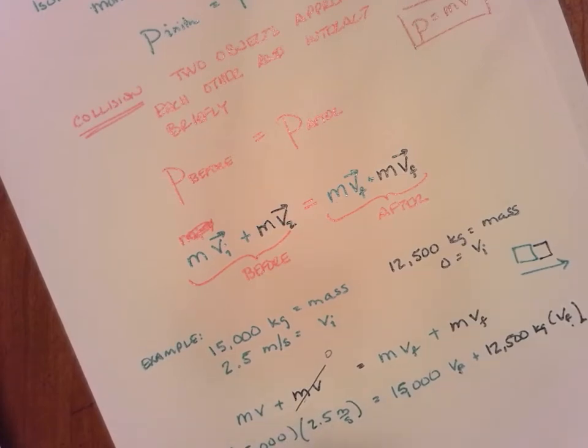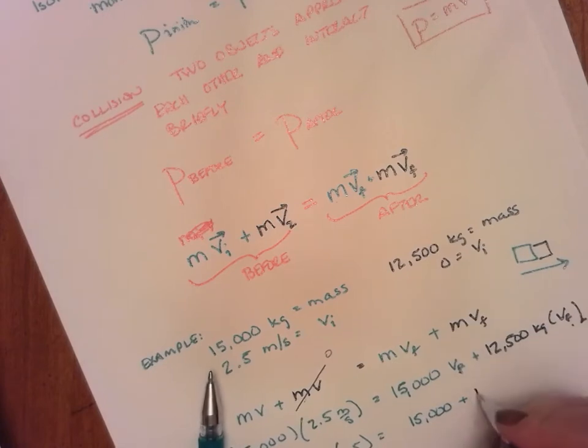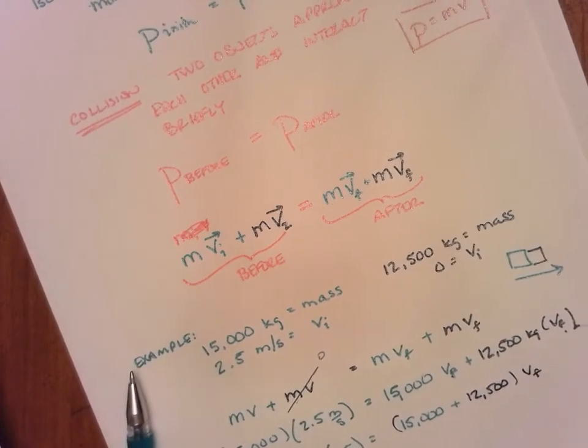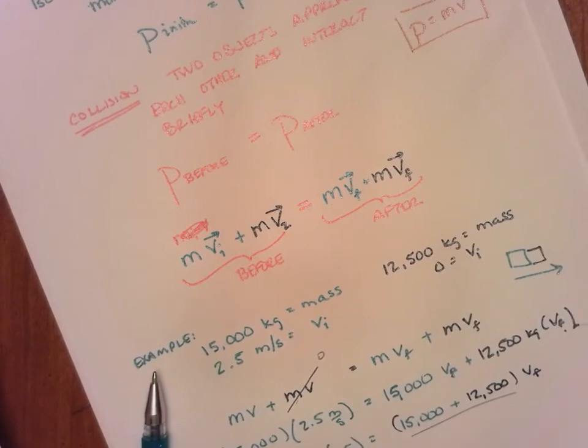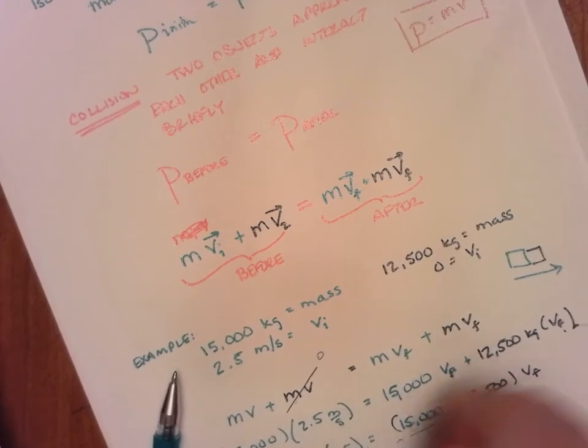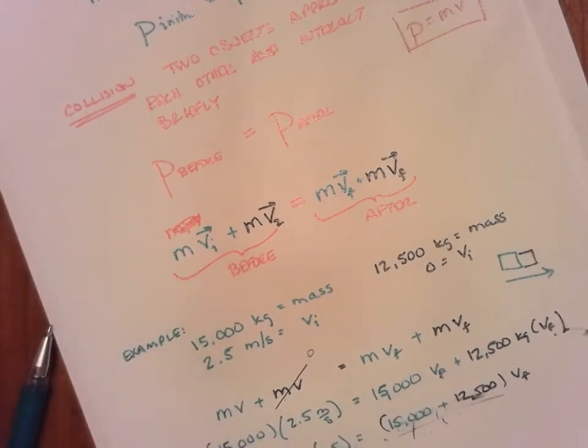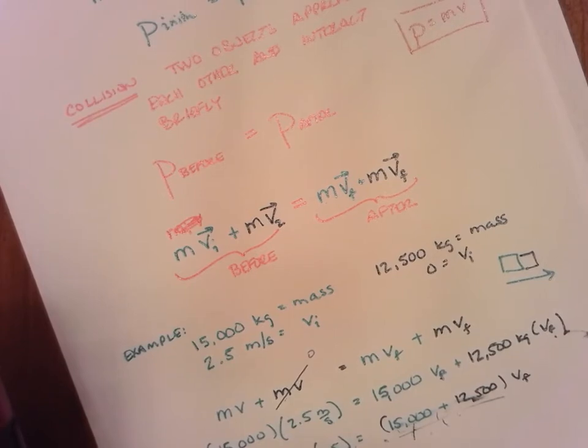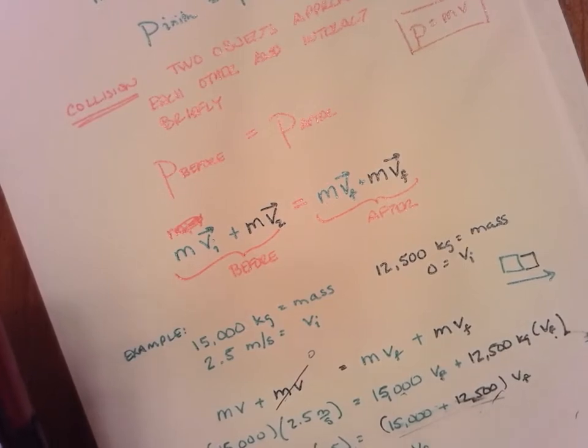So I have 15,000 times 2.5 equals 15,000 plus 12,500 times the final velocity. 15,000 times 2.5 is equal to 37,500 is equal to 27,500 times the new velocity.